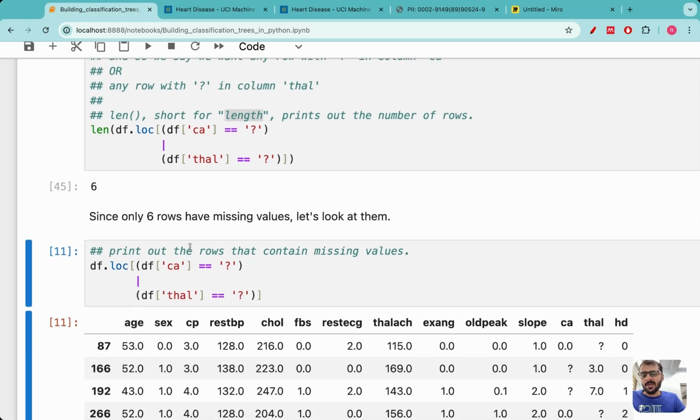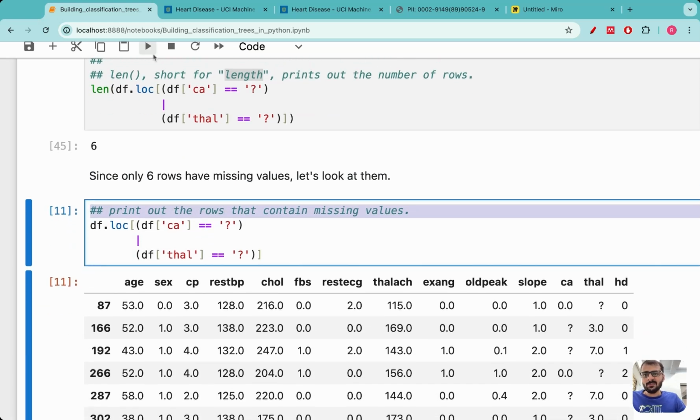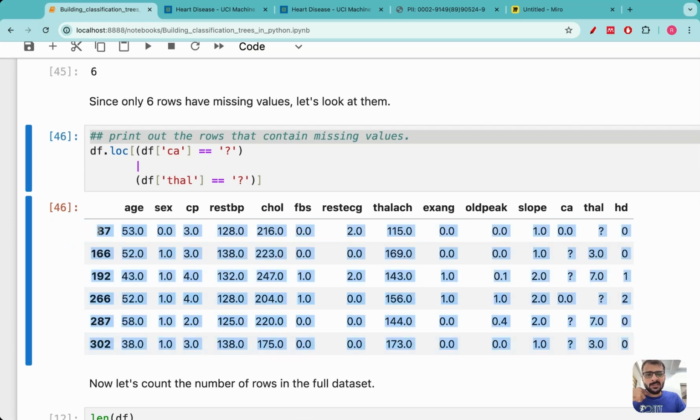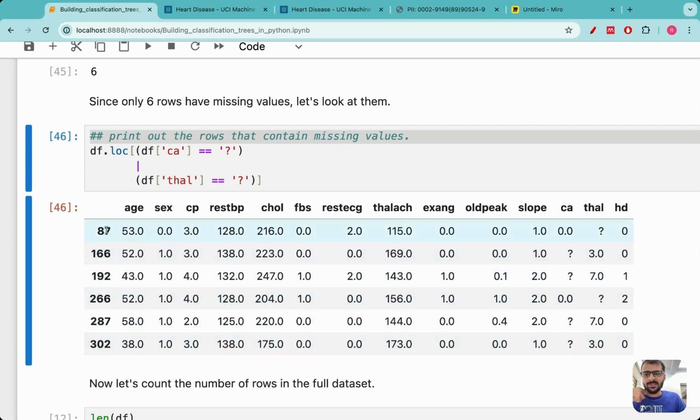So let's actually print out the rows that consist of the missing values. Here you can see there are 6 rows which have the missing values. The ID of the patients have also been written over here. Patient number 87, patient number 166, patient number 192, 266, 287, and 302. If you look at patient 87, for example, the thal value is missing.